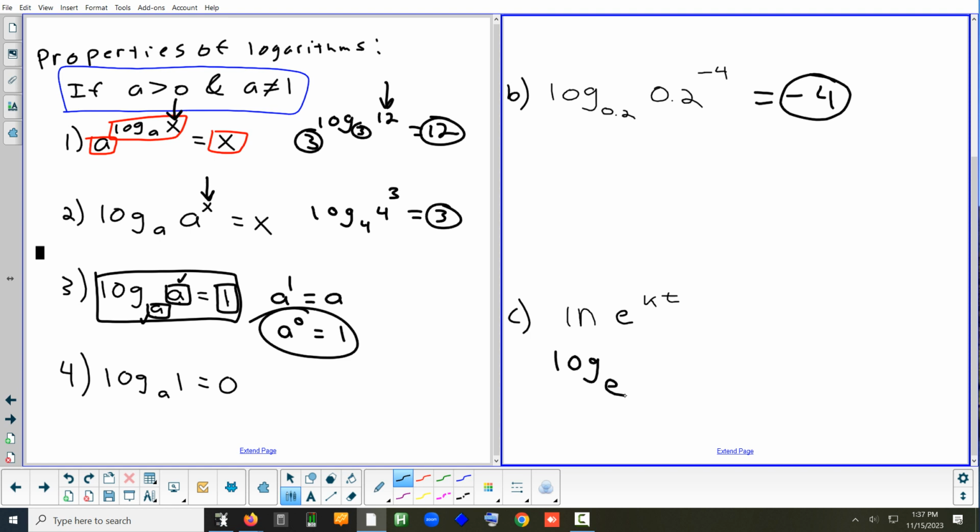Log base e. That's how you rewrite ln the long way. Log base e of e to the kt. Now it should look like one of these properties. Which property does it look like now? 2. Yeah, it's property 2. So what would that simplify to? KT, whatever K times T is.